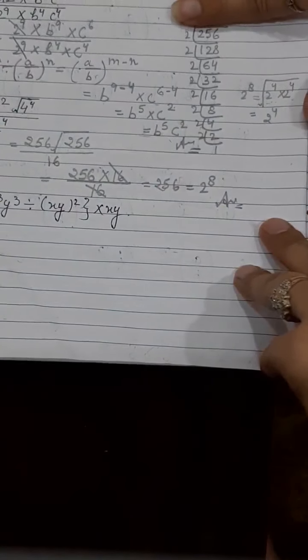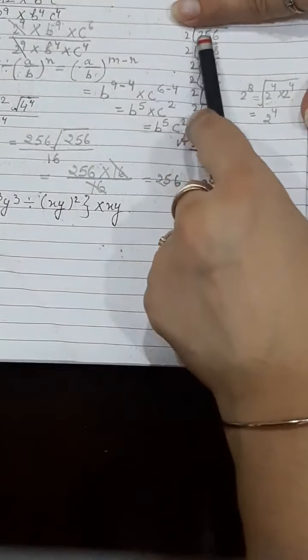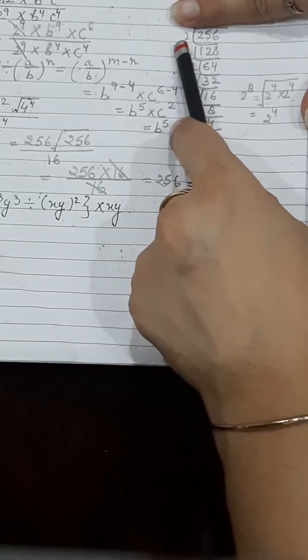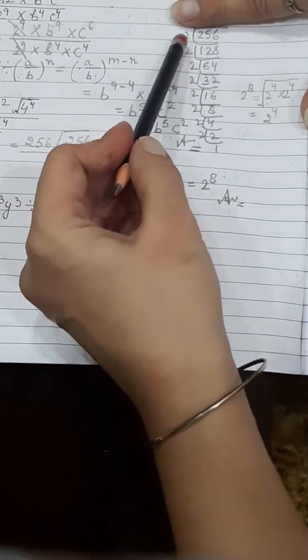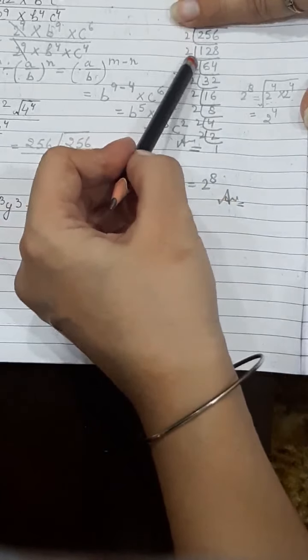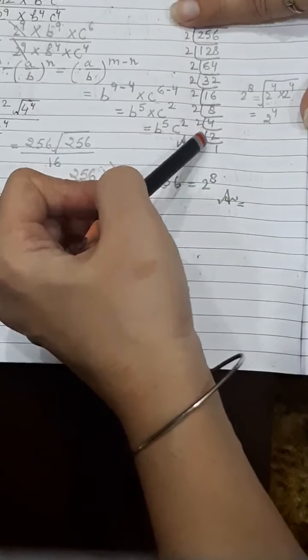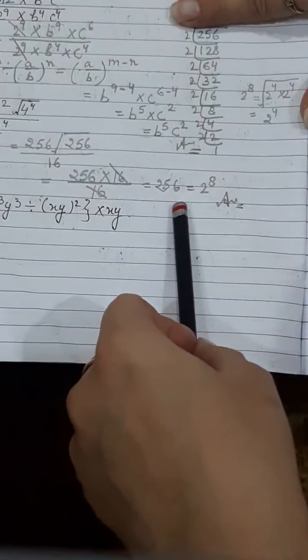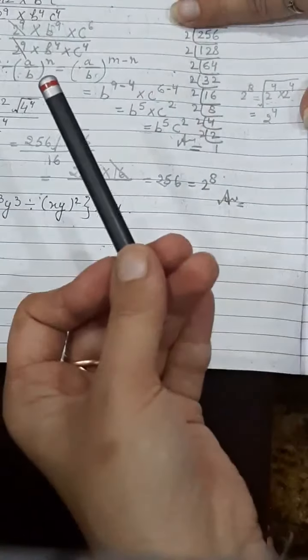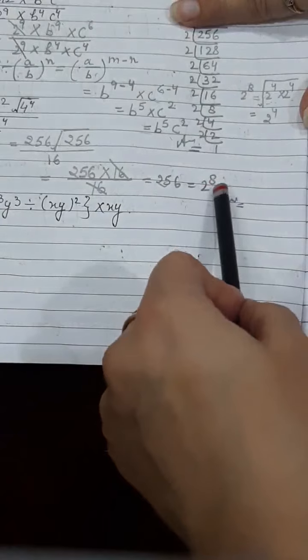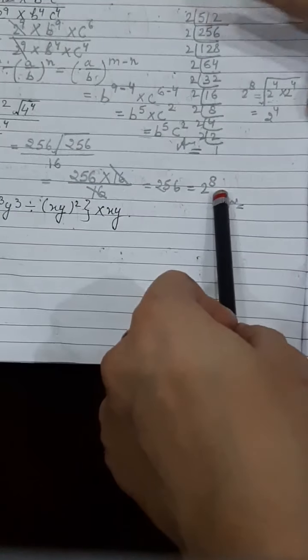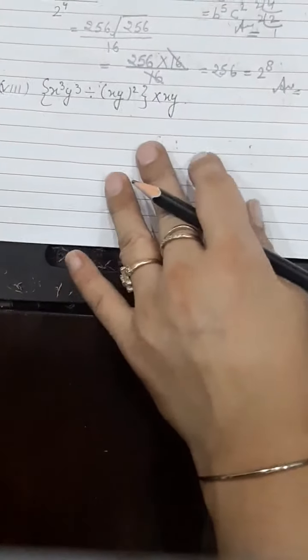Here you can see 256. First, when you divide it by 2, then 128. And when you solve, how many times is 2 coming? 1, 2, 3, 4, 5, 6, 7, 8. So 256, when you convert into exponential notation, you will write as 2 to the power of 8. Is it clear?